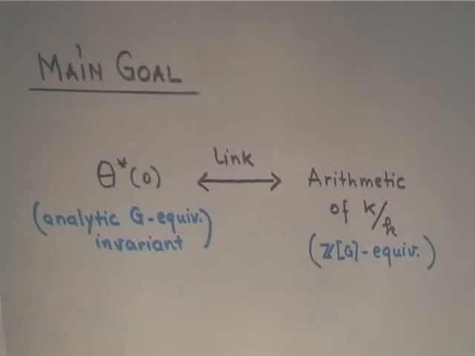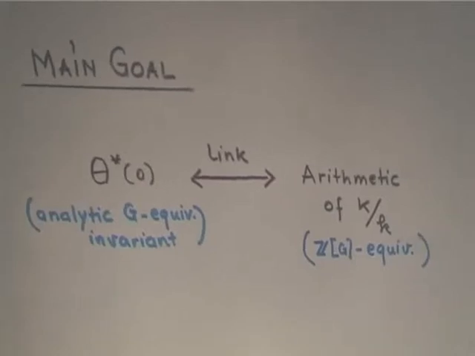But I want to understand their Z[G] module structure, not only their Z module structure. Okay? Just to give you an idea of what that link might look like, or why there should be such a link, let me just show you one facet of this link.